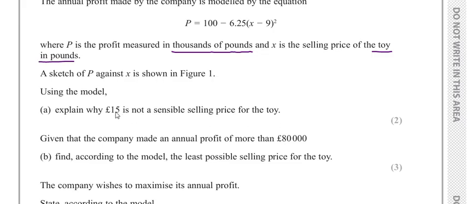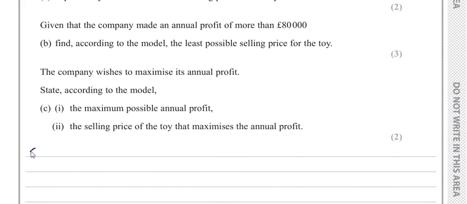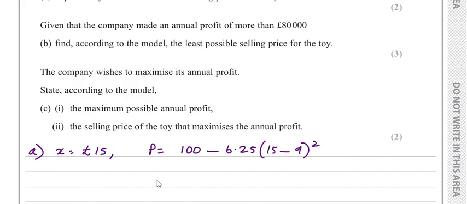So what we need to do is put this x value as 15 in this equation, and then it will throw up something which is not correct. So that's what we have to identify. So let's try that. Putting x equal to £15, profit is equal to 100 minus 6.25 times (15 minus 9) squared, which is equal to 100 minus 6.25 times 6 squared, and putting it into the calculator, I get minus 125.